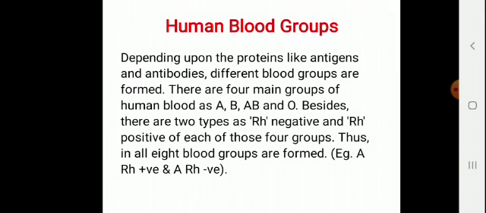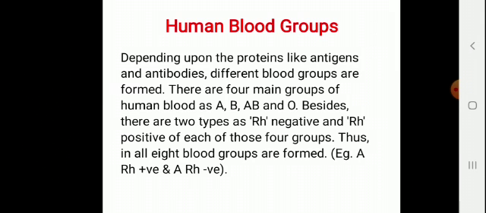The ABO blood group system is the most popular and medically important blood group system of human beings. The blood group is determined due to antigenic protein present on the RBCs and the antibody present in the plasma.